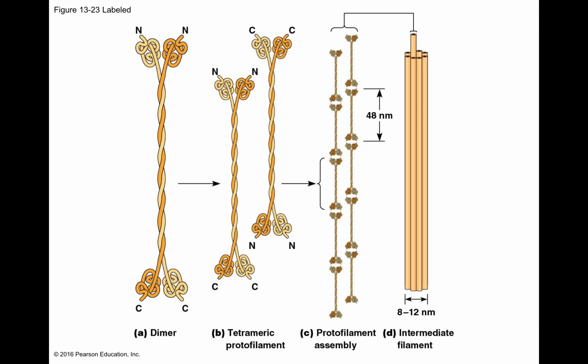And then these tetramers can assemble end to end to form a protofilament on its way to becoming a filament, and then protofilaments assemble into an intermediate filament, like so. So your hair, for example, at a molecular level would have a similar sort of structure to this.